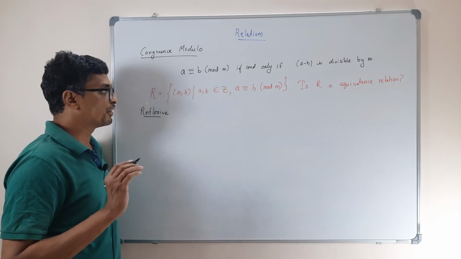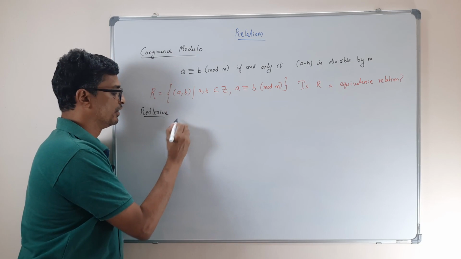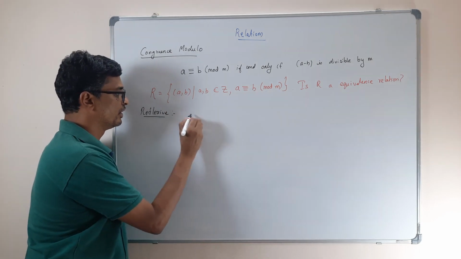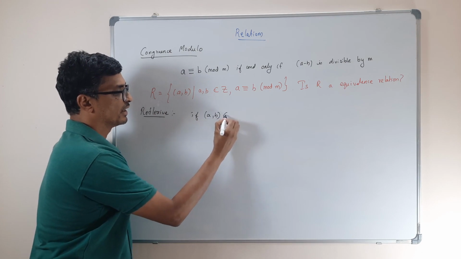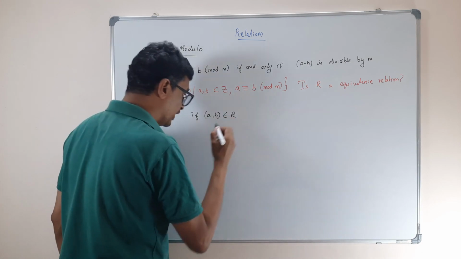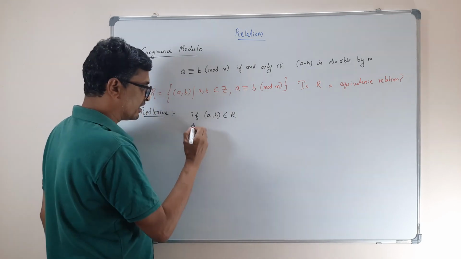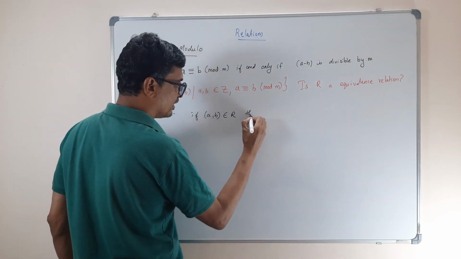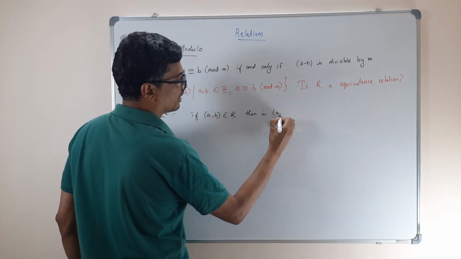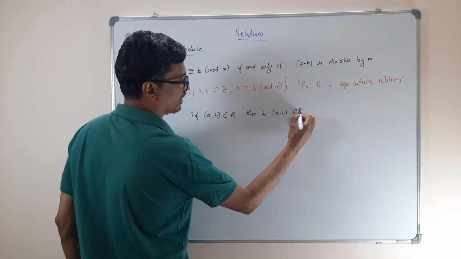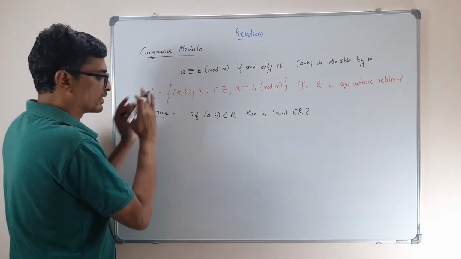First, let us take the reflexive. In a reflexive, what you have to show is if (a, b) is an element of R, whether (a, a) is also an element of R. Correct? Then is (a, a) an element of R? Okay, so let us see this condition.